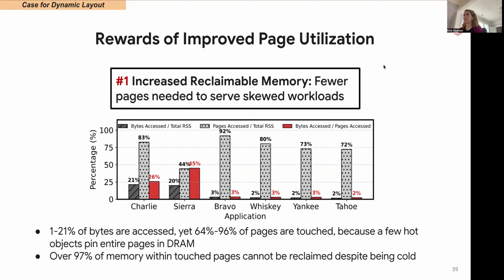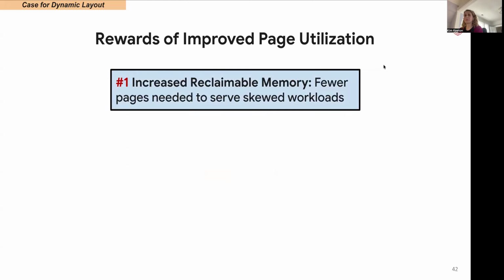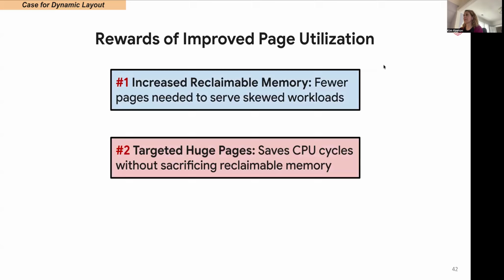So there are these rewards. The increased reclaimable memory is one reward. There are other rewards, but I don't have time to go over them, so I'm going to just talk about them in one box. With being able to increase page utilization and hotness fragmentation, you can target specifically which pages must be promoted to huge pages. In big data center companies, it's a common trend that you need to increase huge page footprint or the address space's huge page memory.